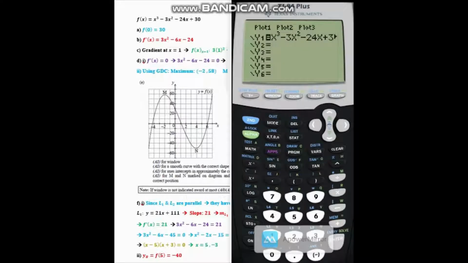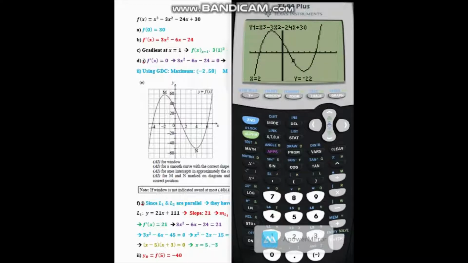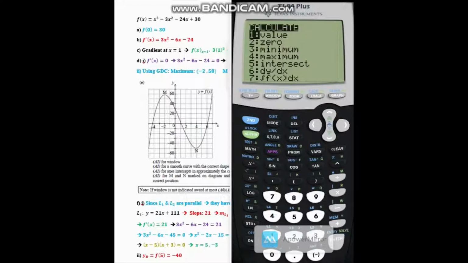So I've written the equation down, and there is my window for your reference, and there is what the graph should look like. I shall find the maximum using this function, second trace, maximum.